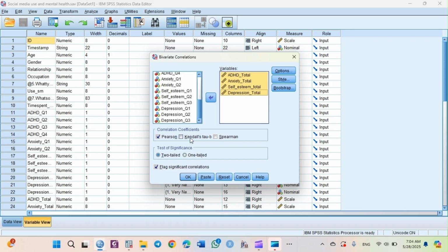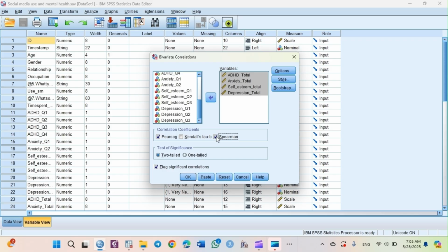We have checked the normality of our data and decided it's normally distributed, with several assumptions. We are interested in Pearson, but we can also click Spearman if your data is not normally distributed, that means it violates the assumption of normality.